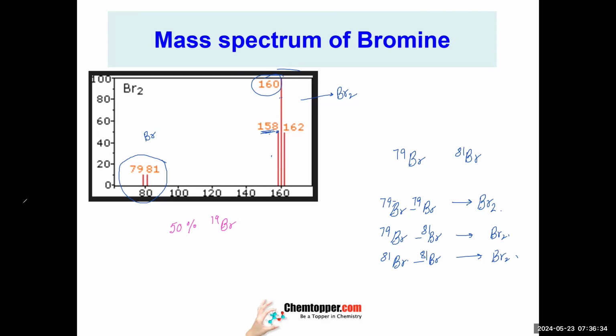So if I say there are 100 atoms, then 50 atoms are Br79 and 50 atoms are Br81. Now the probability that Br79 combines with another Br79, can I say it is 25, right?